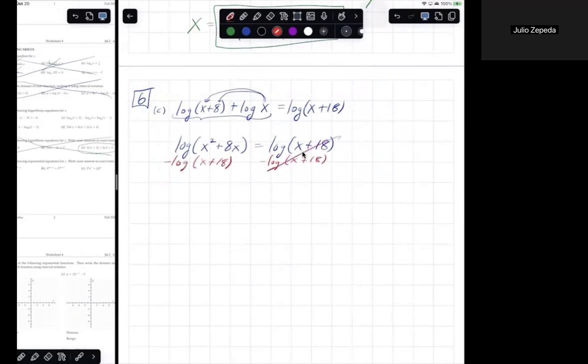And so we get 0 on the right-hand side. On the left-hand side, we have log of x squared plus 8x minus log of x plus 18 equals 0. So now we can combine these two logs because we know how to subtract two logs. That is to divide the arguments.